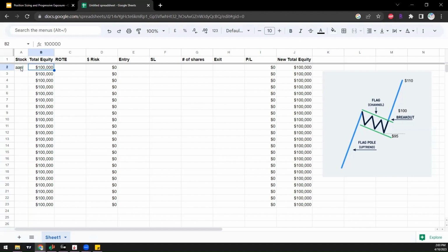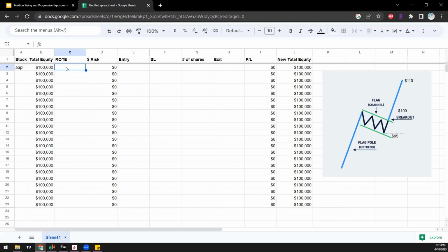Okay, so let's say you found a stock that you want to buy, Apple, and you have total equity in your account of $100,000. This is just the total number of dollars that you can trade with in your account. Now, remember the first rule of position sizing and progressive exposure.